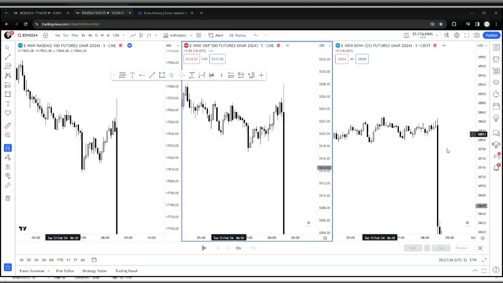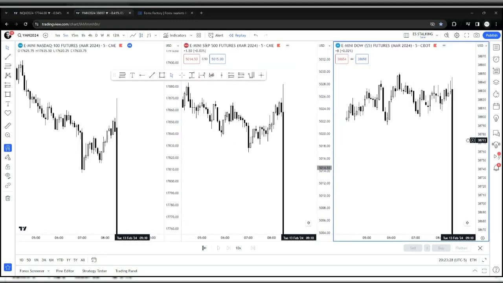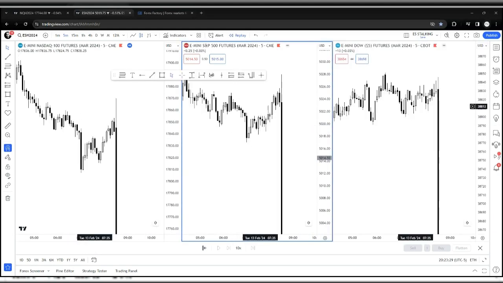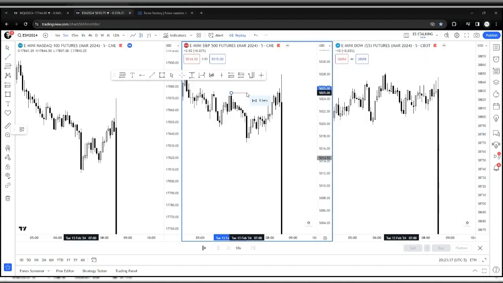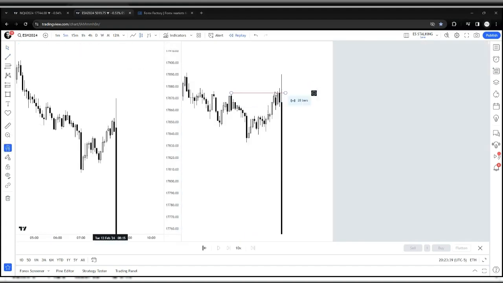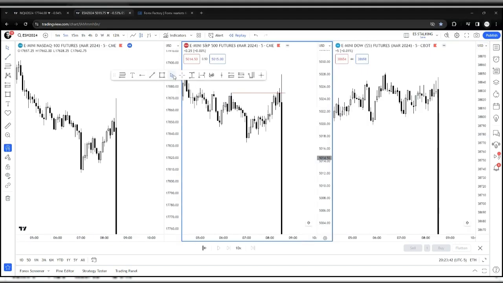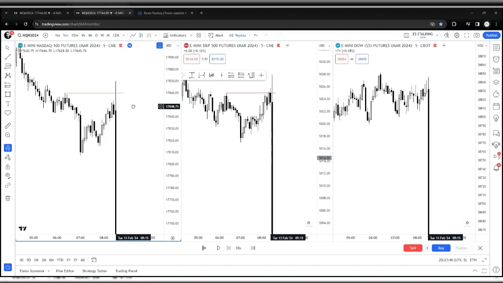So even right here, right? You guys will see SMT when CPI was released. So right here we had price fail to break above this high. This one did. And this one did as well.